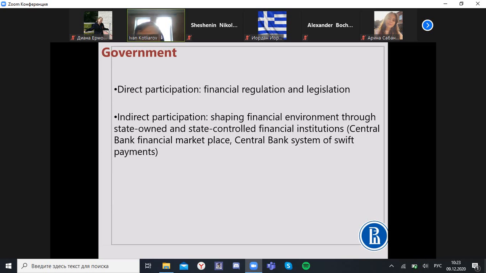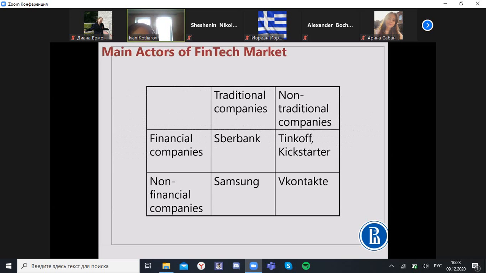In addition to the direct participation, which is regulation, the state, via its institutions, may shape the financial infrastructure by creating new financial products and services.